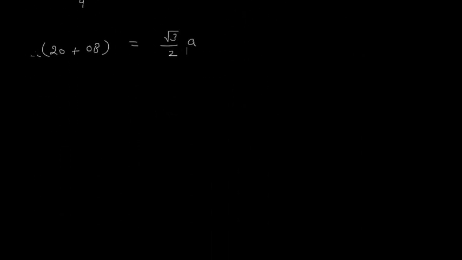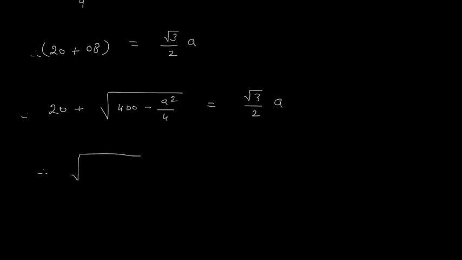So therefore 20 plus the square root of 400 minus A square upon 4 is equal to root 3 by 2 A. I will move this 20 to that side, so the square root of 400 minus A square divided by 4 is equal to root 3 divided by 2 A minus 20.